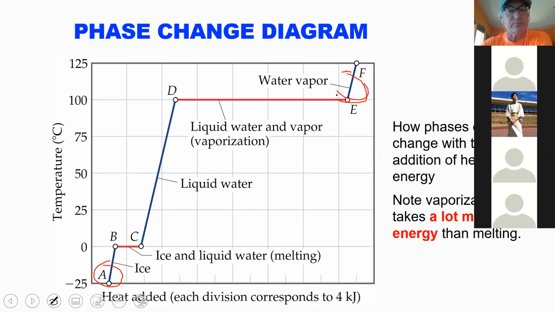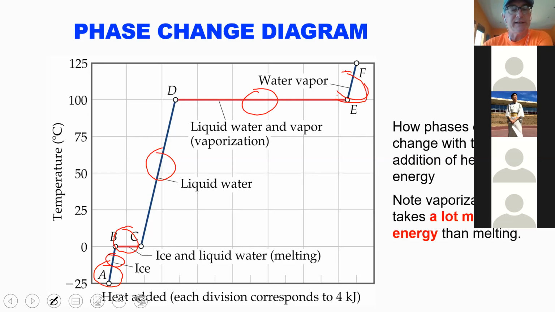Okay. So this is what the phase change diagram for water would look like. You can see that there are places where the temperature doesn't change, right here and right here. And there are places on the diagram where the temperature does go up, here and here.